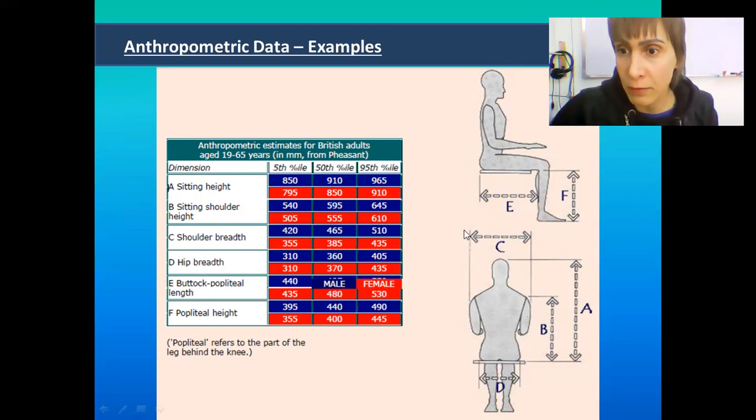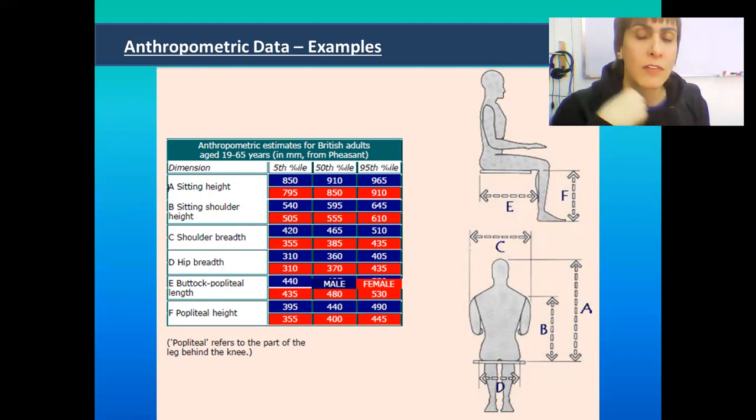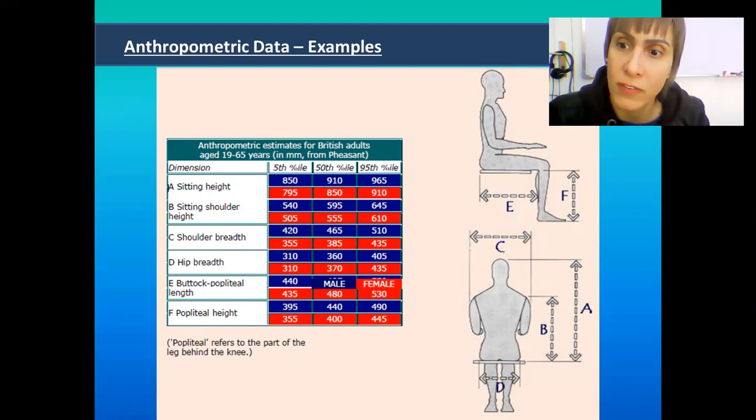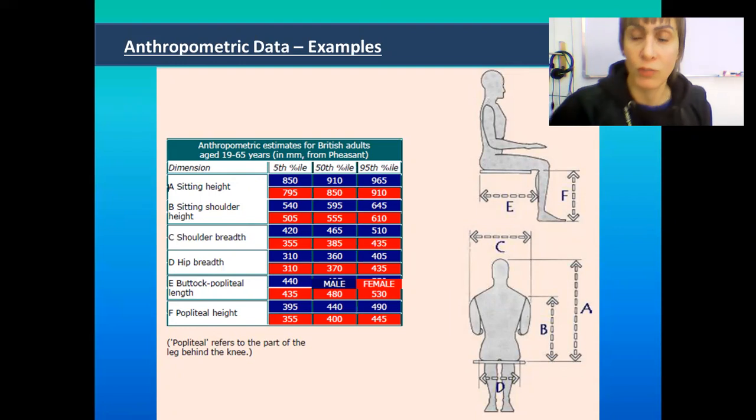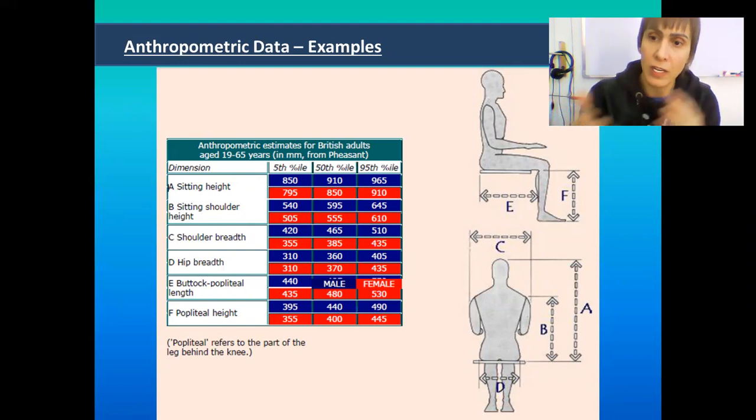Also, you need to be careful. Sometimes they put the numbers in centimeter. Sometimes they put them in millimeter. Sometimes they put them in inches. So if you see inch, and you want to use centimeter in your design, you need to be careful not to use this number.